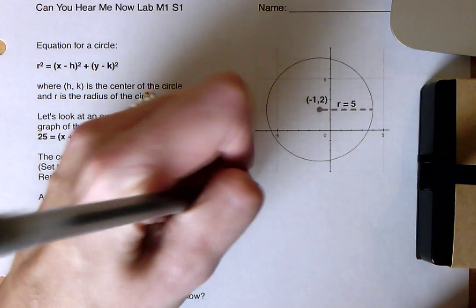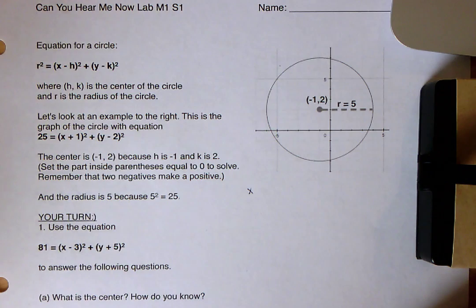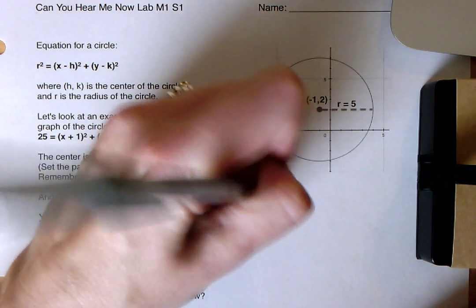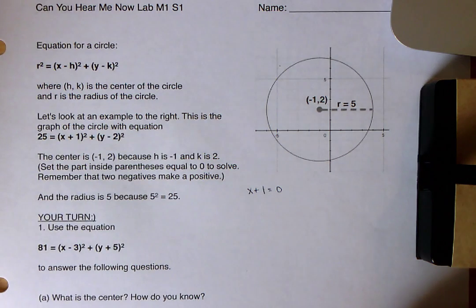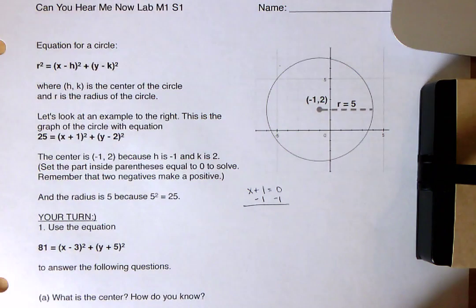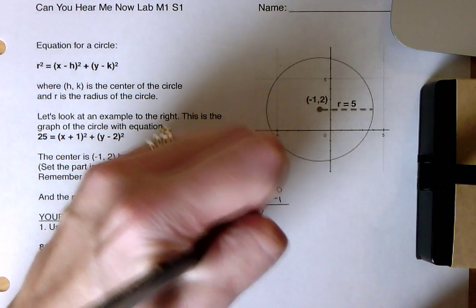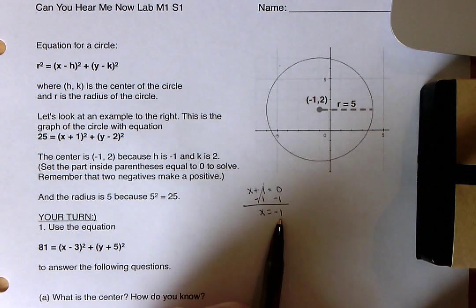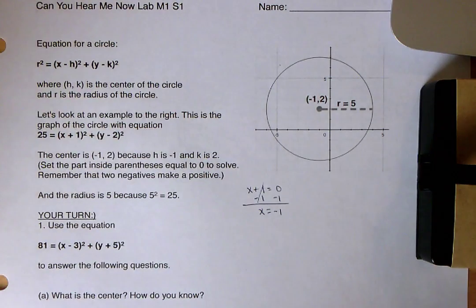So x plus 1 equals 0. Then I subtract 1 from both sides, because I'm trying to solve for x, and I get x equals negative 1, and really that's h.